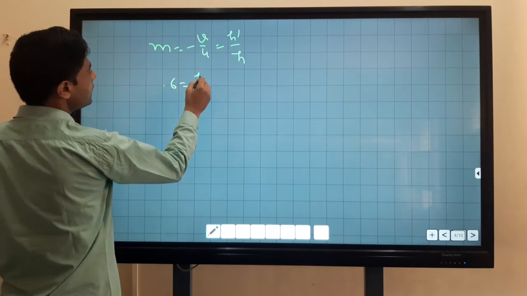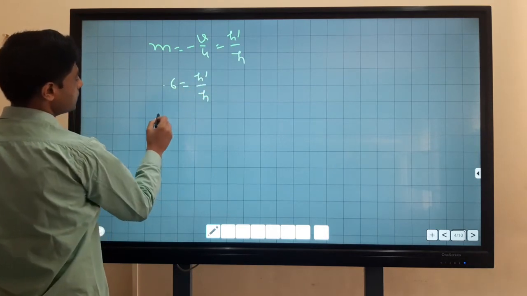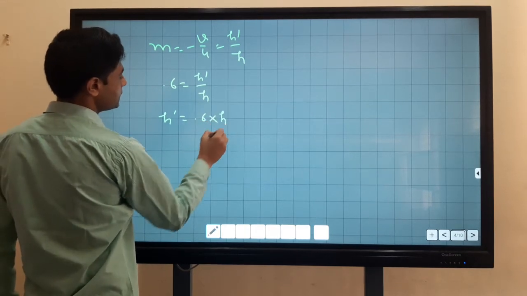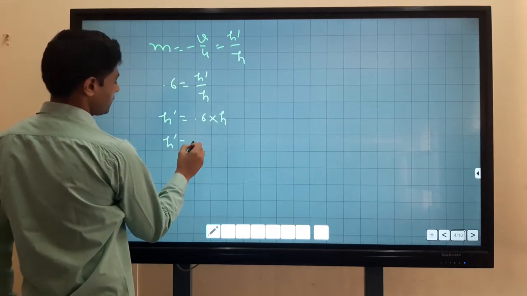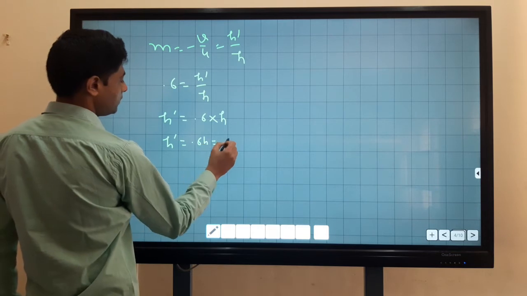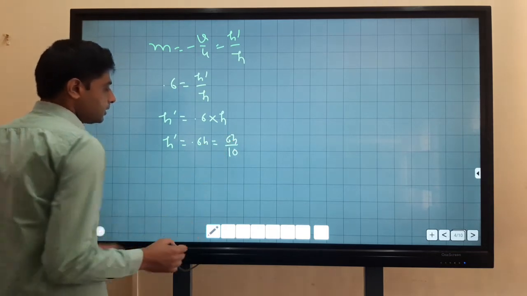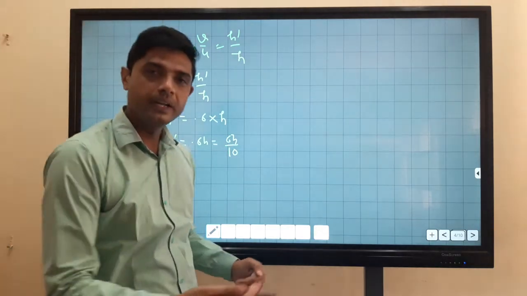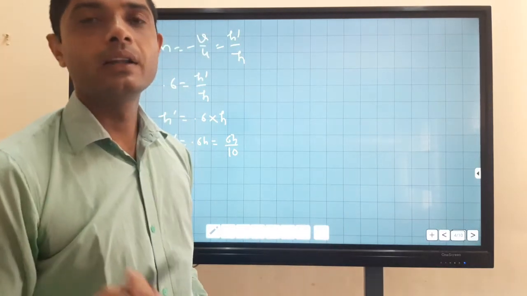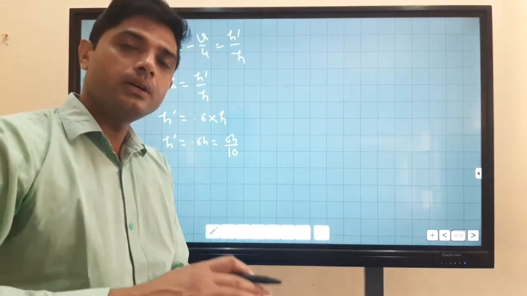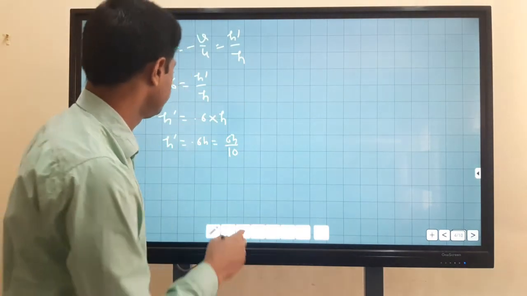So 0.6 equals H dash upon H. So the value of H dash equals 0.6 into H. As you know, the object is placed in front of the mirror and the value of H is always positive because it is in an upward position.